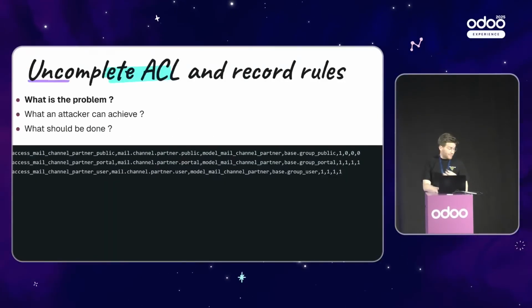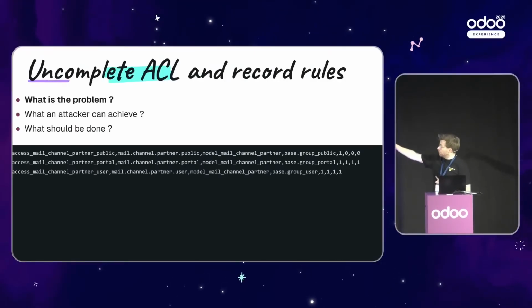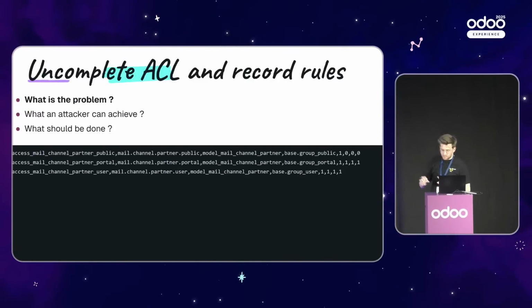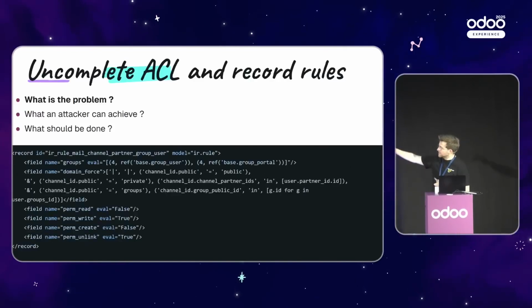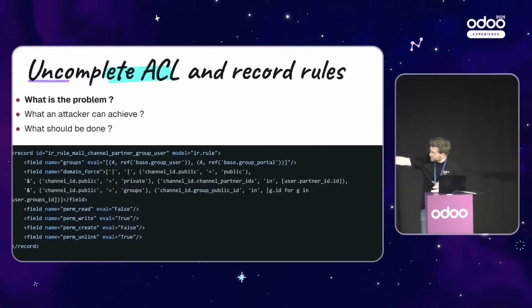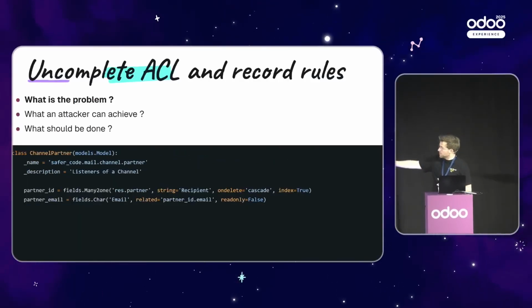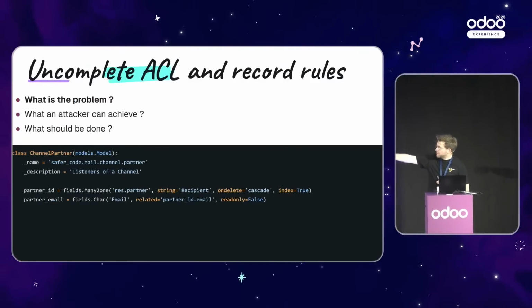And I have an example, I will quickly go through it. Basically here we give a full access right to the group portal. Then I have a record rule, but the permission read has been put to false, so it means that it doesn't apply. And then you have this model with, again, a related field to the email of the partner.